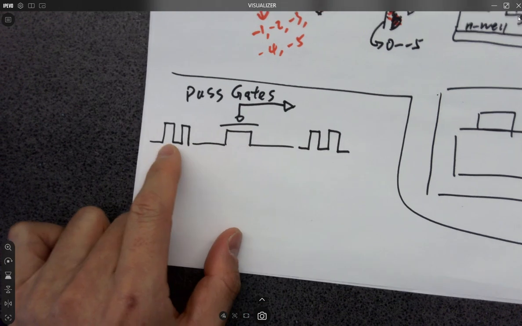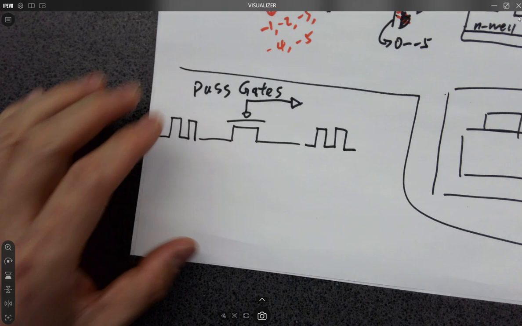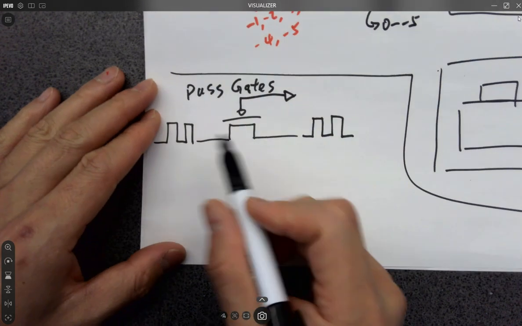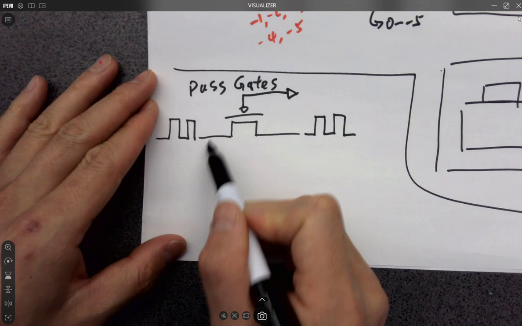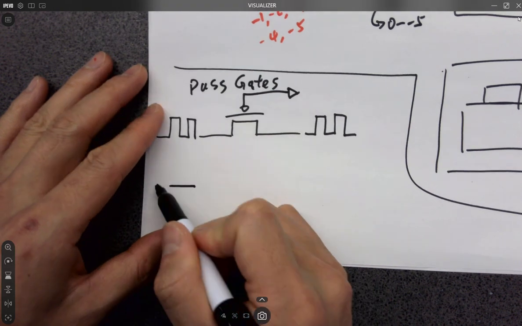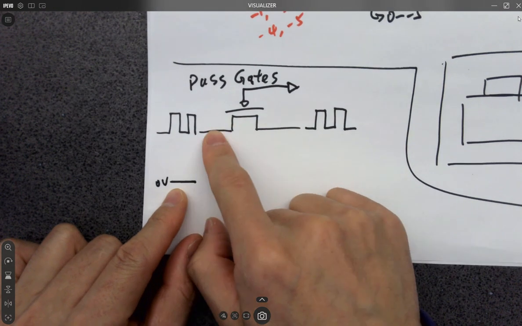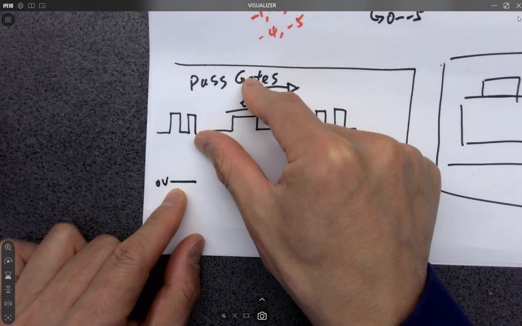Is it able to pass the whole thing to the other side? If I ground here, let's see. So if I have a 0 on one side, what's gonna happen? 0 volts. You got 0 volts here, you got 0 volts here, there's no drop.